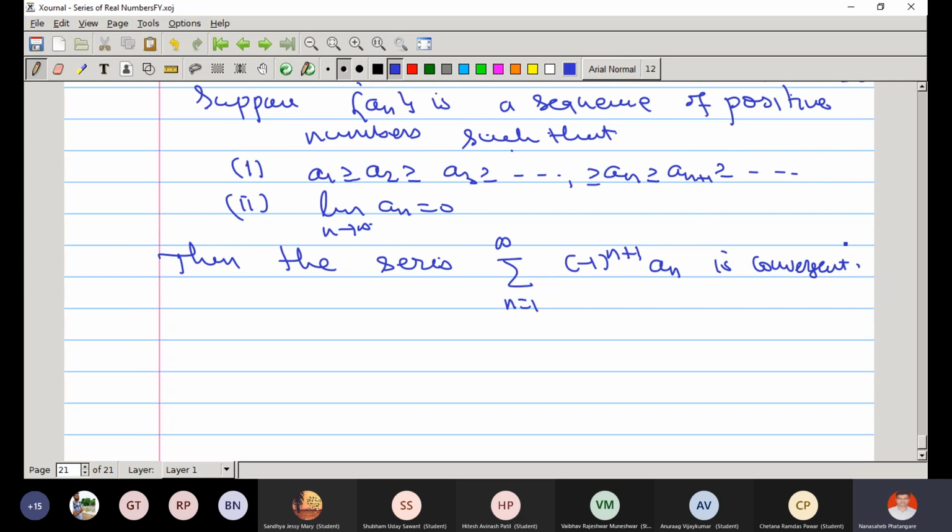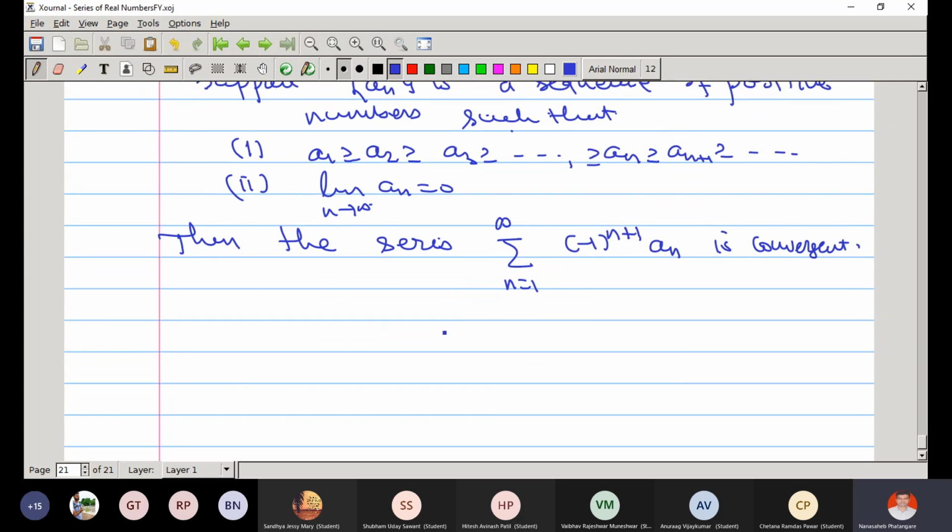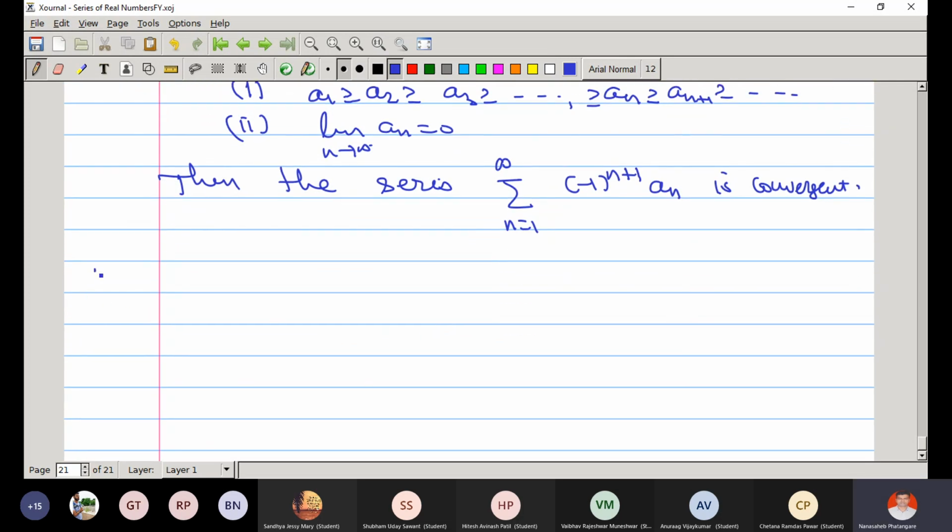Why is it called an alternating series? Because the terms alternate plus and minus. For example, let an be equal to 1 by n. Can I say that an is positive for all n? Yes.